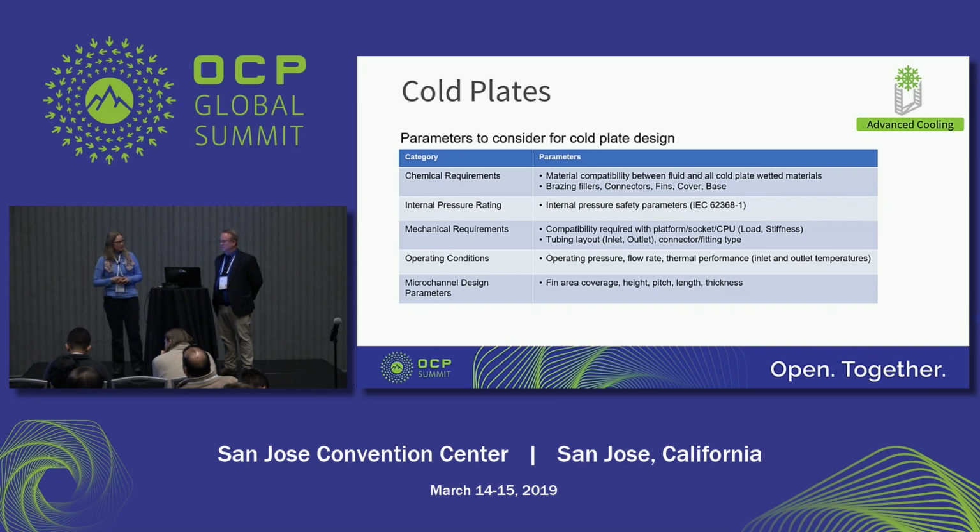And specifically, of course, all the different parts of the cold plate, and what I mentioned in the beginning as well, right? In the wetted materials list, we have not yet added the brazing materials because we are currently testing those. Which ones have material compatibility with the fluid that we have selected.